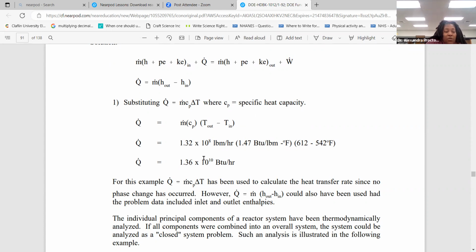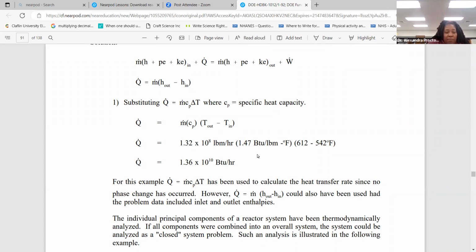Q is equal to 1.32 times 10 to the 8th pound mass per hour, times 1.47 BTU per pound mass degree Fahrenheit, and then they subtracted the temperatures, 612 minus 542. So Q is equal to 1.36 times 10 to the 10th BTU per hour.